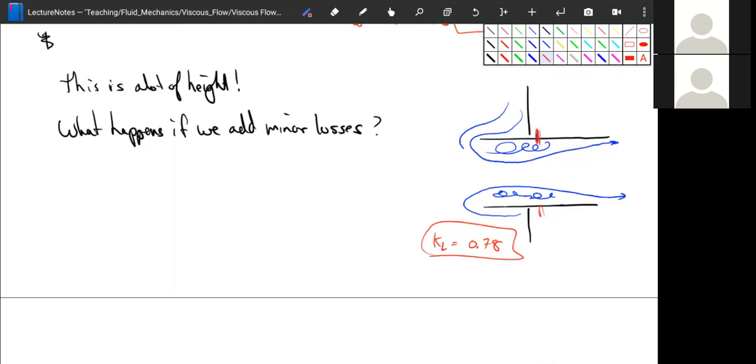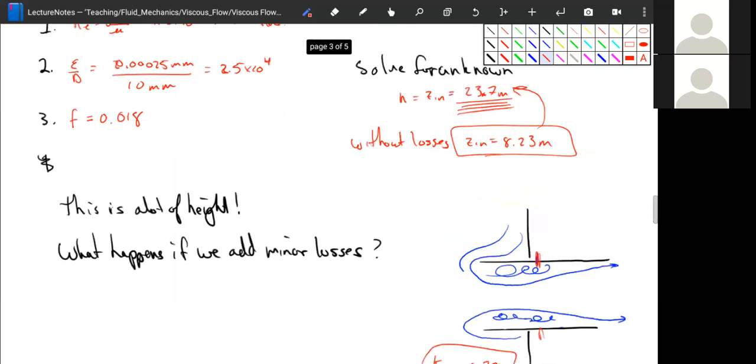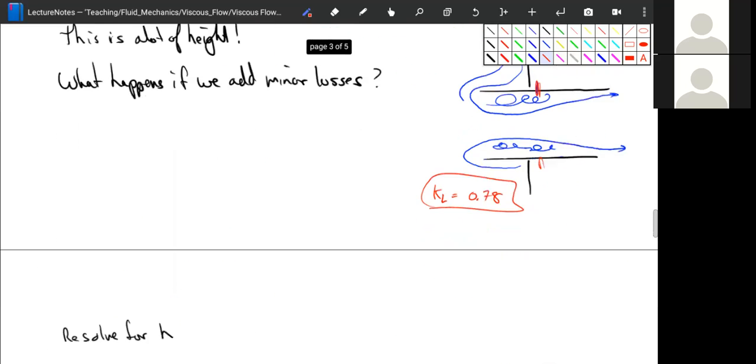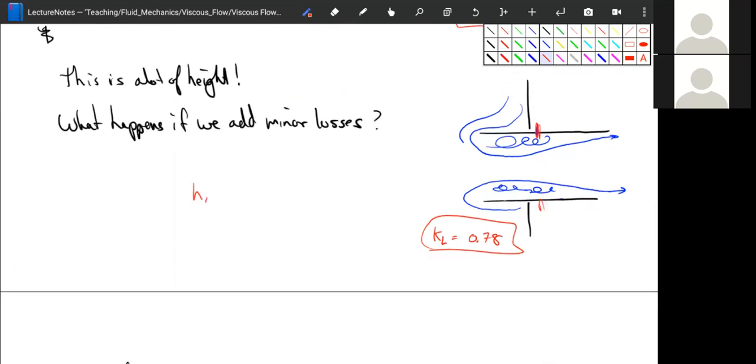So in that case, we come up here and our head loss HL is now equal to FL over D V squared over 2G plus KL reentrant, which I've just put an R there, times V squared over 2G, where KL is 0.78.